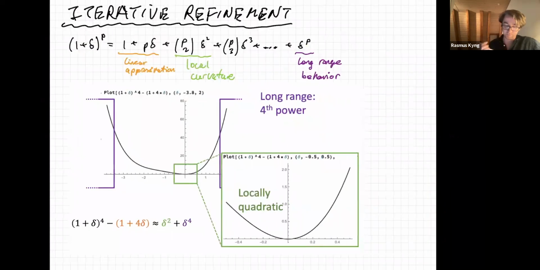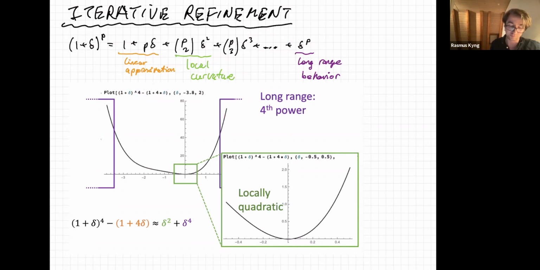So I made a picture of this. Here, p is equal to 4, and I looked at (1 plus delta) to the power 4 minus its linear approximation, so all of these other terms. And clearly, if we look out very far, so very large negative delta or very large positive delta, it has to be governed by the largest power, which is 4.